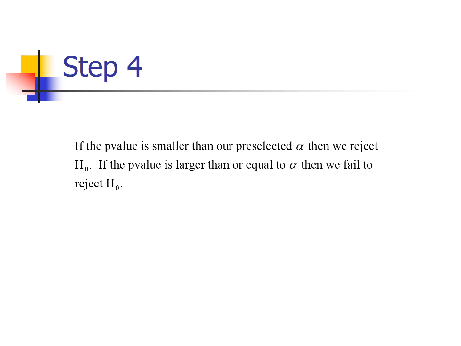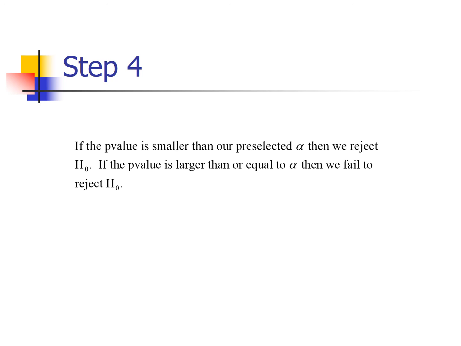Well, we do it by using this criteria for making our decision. If the p-value from step 3 is smaller than our pre-selected alpha, then we're going to reject the null hypothesis. So remember, I said when I defined the p-value, the smaller the p-value is, the stronger the evidence that we should reject the null hypothesis.